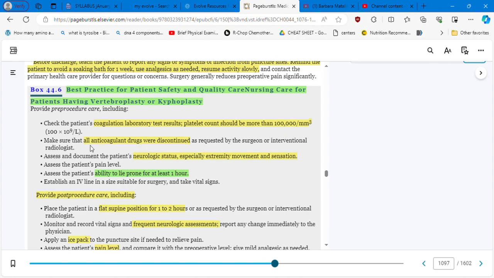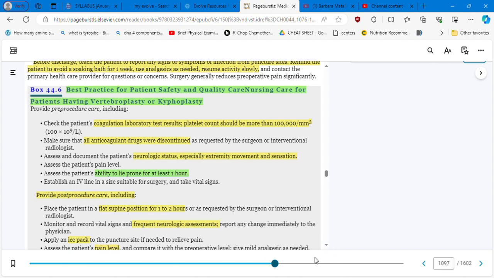Make sure that all anticoagulant drugs were discontinued. Assess and document the patient's neurologic status, especially extremity movement and sensation. Assess the patient's ability to lie prone for at least 1 hour, establish an IV line of a size suitable for surgery, and take vital signs.